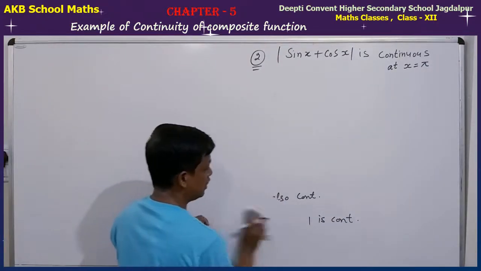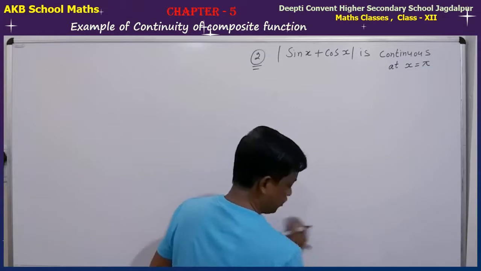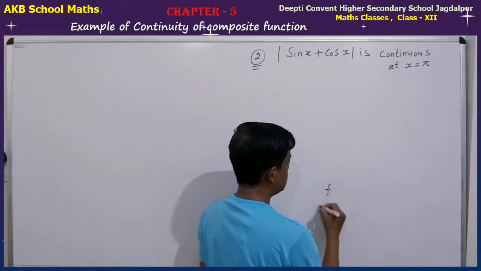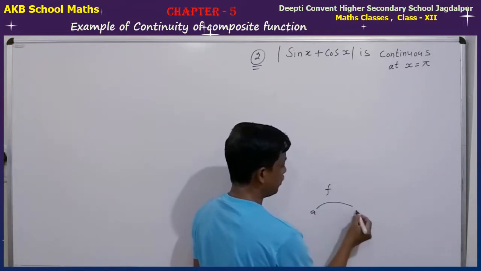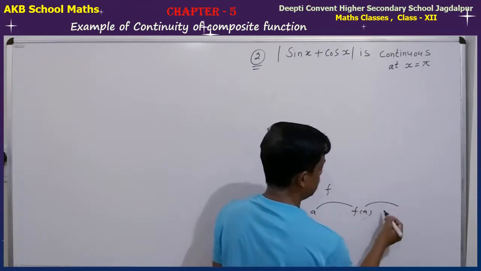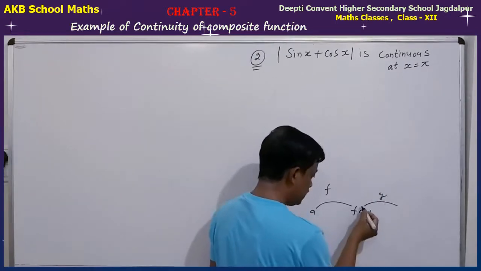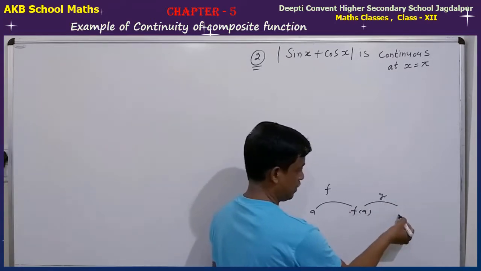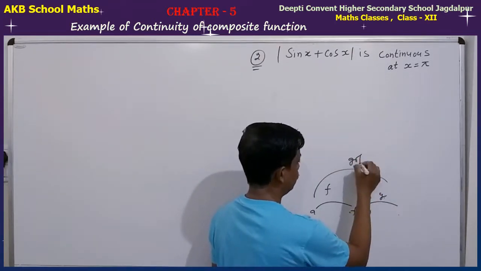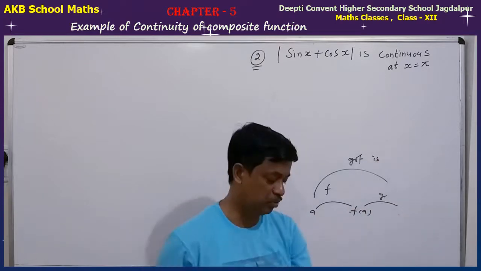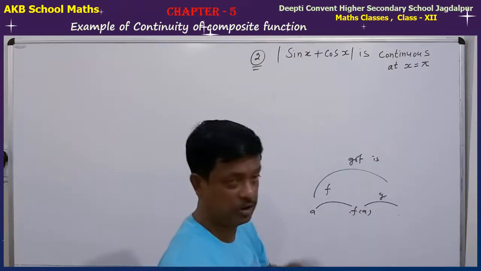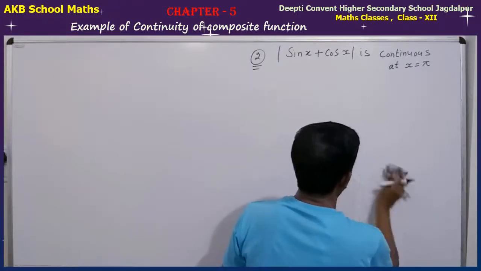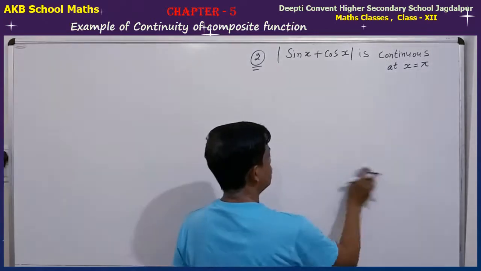And also we know that, suppose f is continuous at a, the image of a is f(a), and g is also continuous at this point f(a), then we say g of f is also continuous at the particular point. So we use this property to solve this question. Now here the particular point is x equals pi.